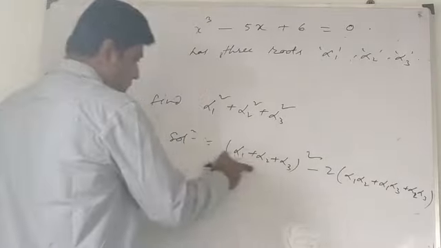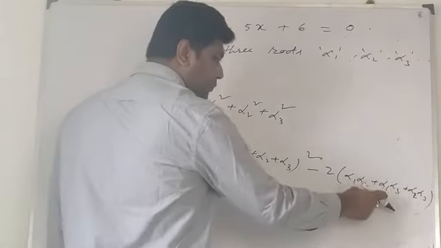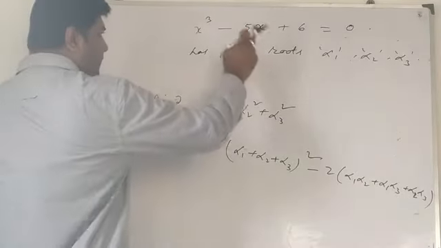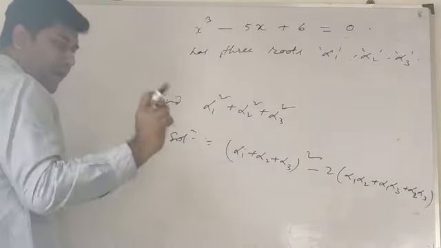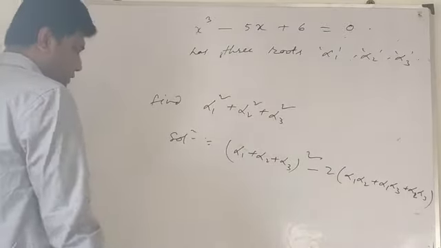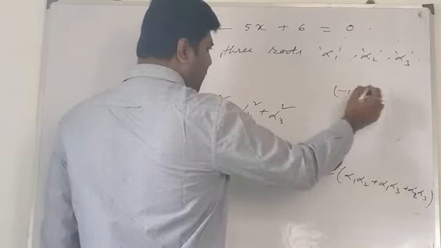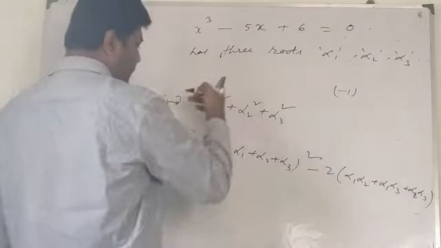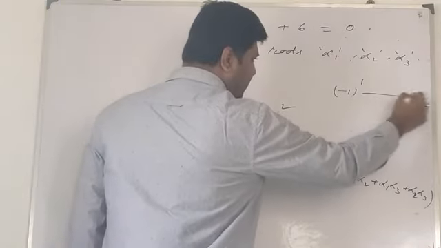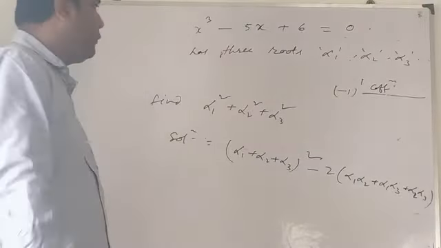Means this is sum of root taken 1 at a time, and this sum of root taken 2 at a time. Now you can easily find out this thing from here. We know that sum of root taken r at a time can be written as minus 1 to the power r. Here, if you take r equal to 1, then it will be minus 1 divided by coefficient of x to the power n. What is n here?